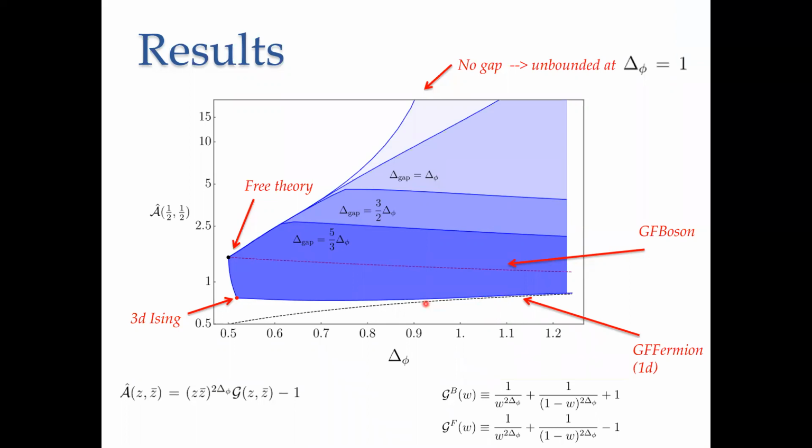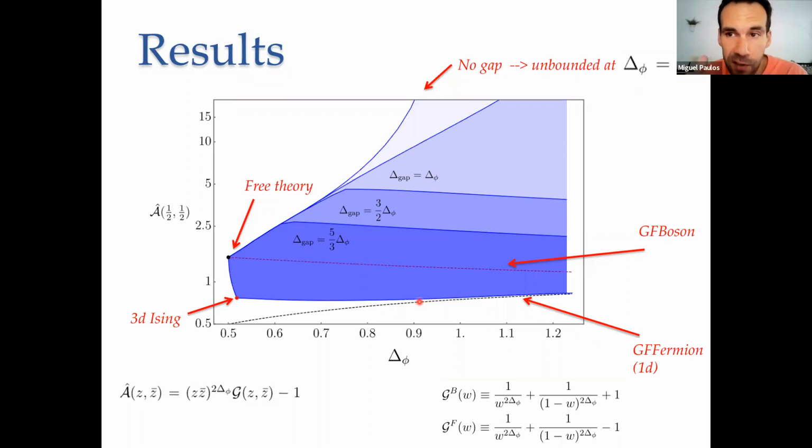Yes. Okay. I did not understand why the upper bound cannot exist above delta phi equal 1. You gave an explanation for delta phi equal 1, but why does it imply also for larger delta phi? Because for larger delta phi, you can just take a generalized free field with O(N), for instance. And this doesn't work for smaller delta phi then? No. If you try for smaller delta phi, it will violate unitarity.